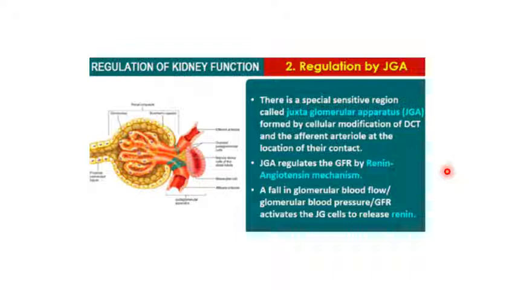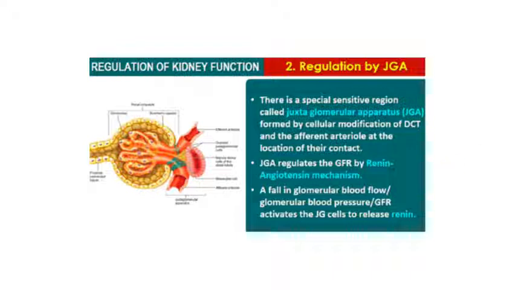How does it regulate? See, whenever there is a fall in the glomerular blood flow, the glomerular blood pressure will be regulated. So this will activate the JG cells to release renin.